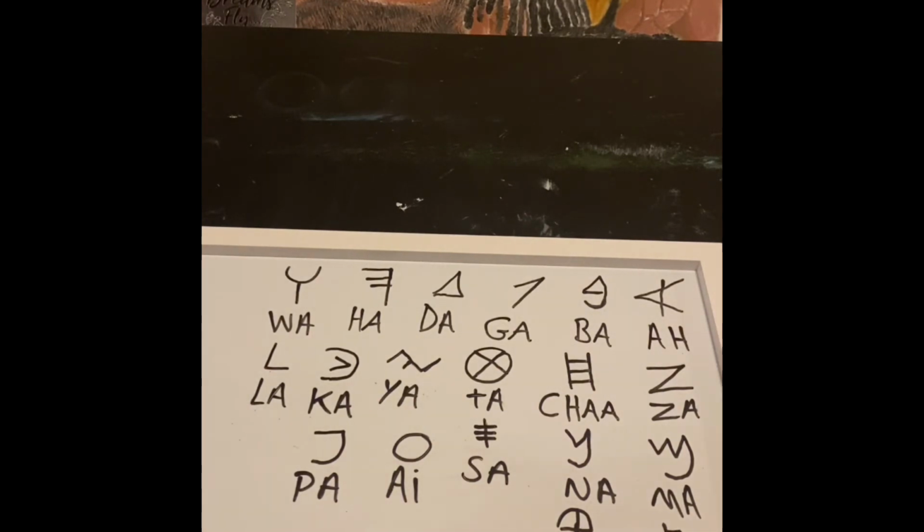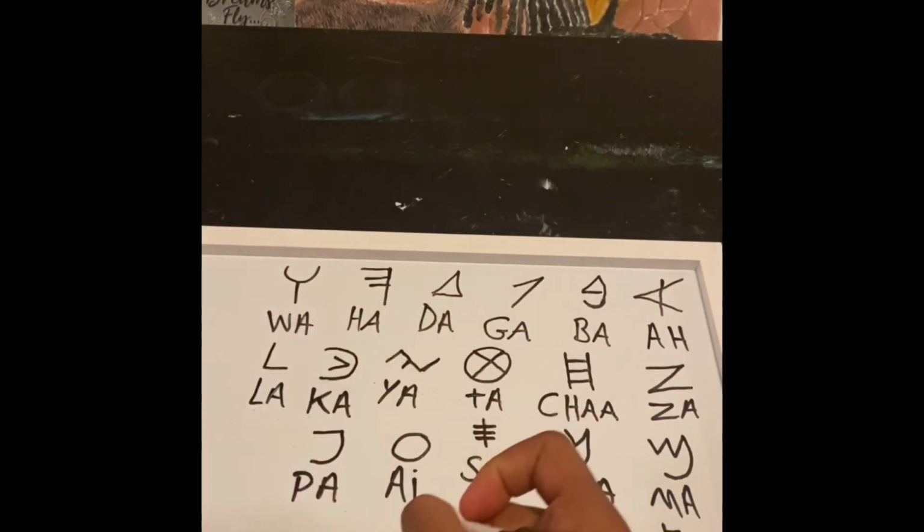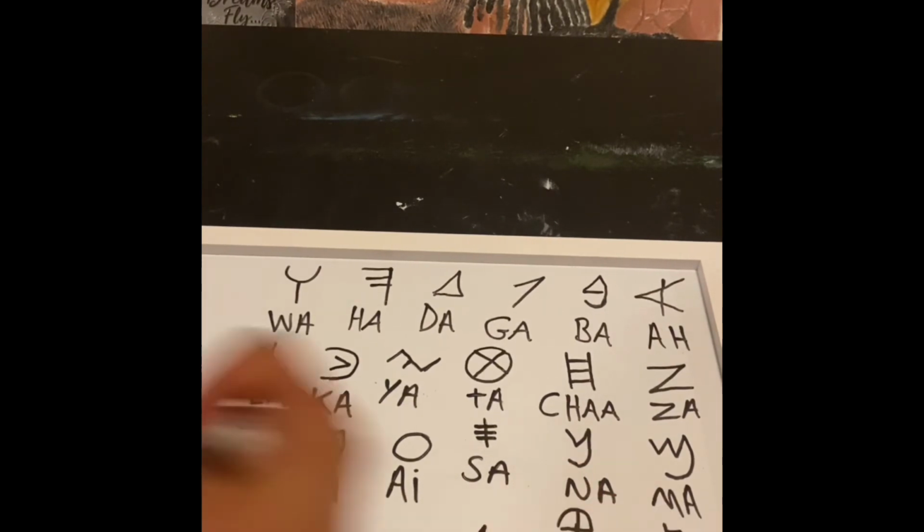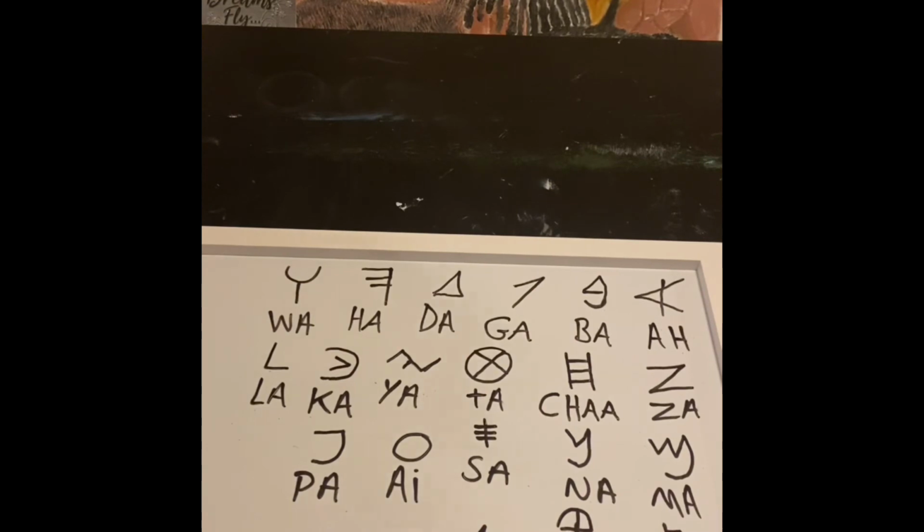So we have three more characters. The character Ra, right? The character Ra. Put it down here.